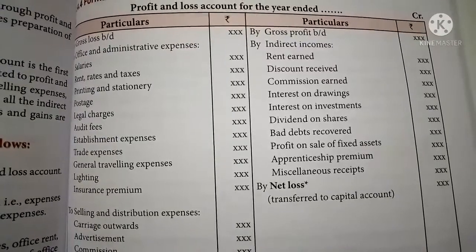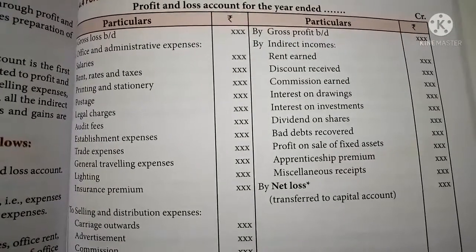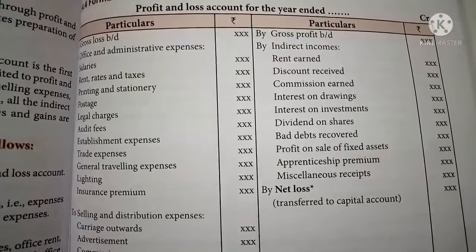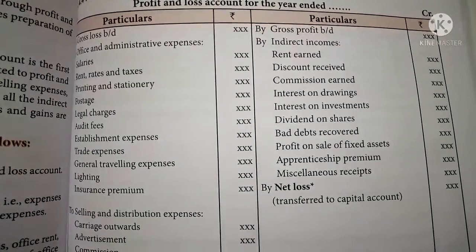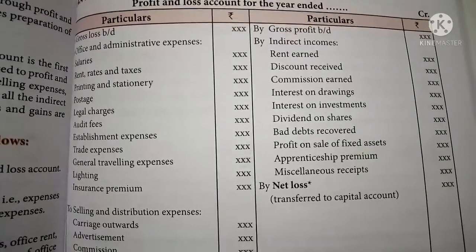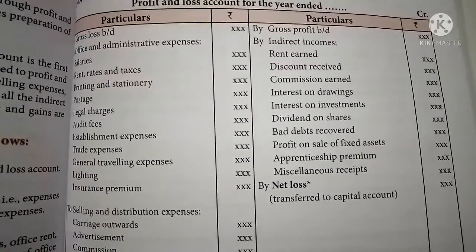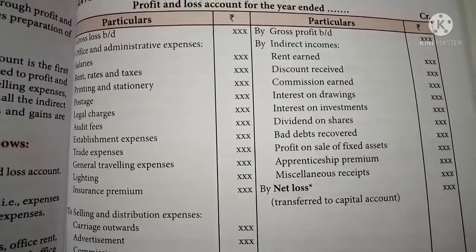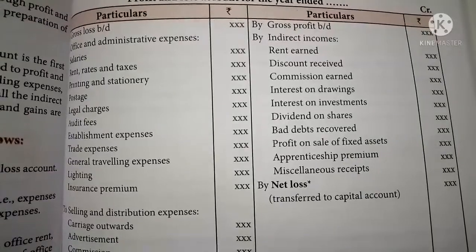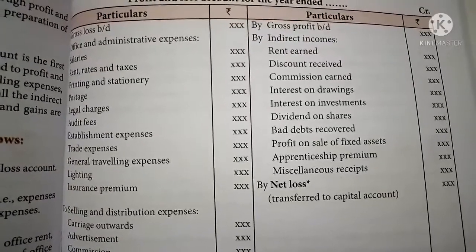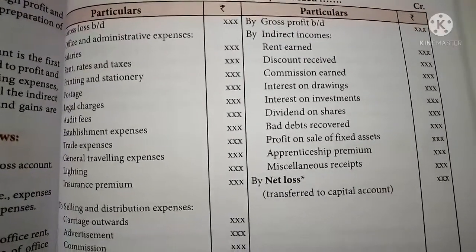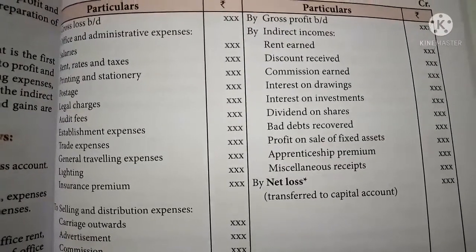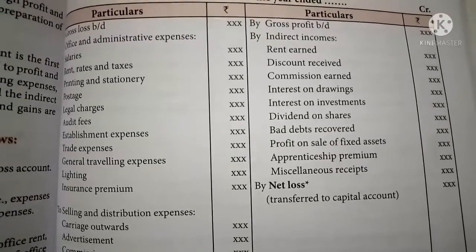Then you can go through the given sum. After going through it, as per the format, you can find out the debit items and the credit items. Post all the debit items, that is, all the expenses and losses, in the debit side, and select the credit items, that is, income and gains, and write them in the credit side of the profit and loss account. After writing all the debit and credit items from the given sum, you can balance the profit and loss account.